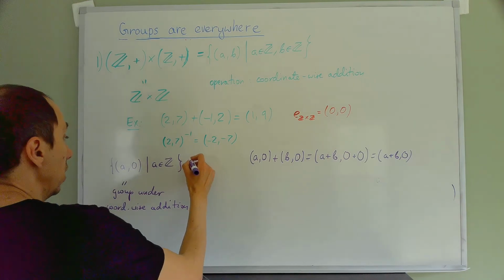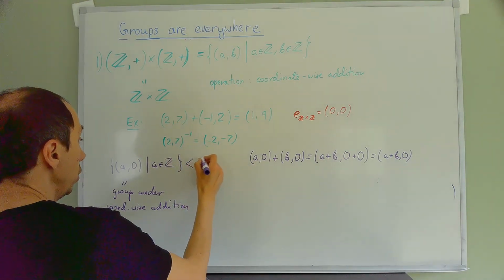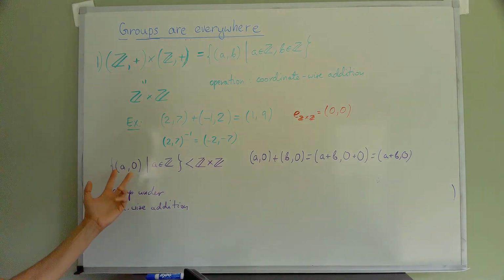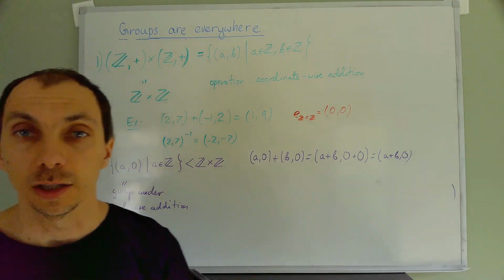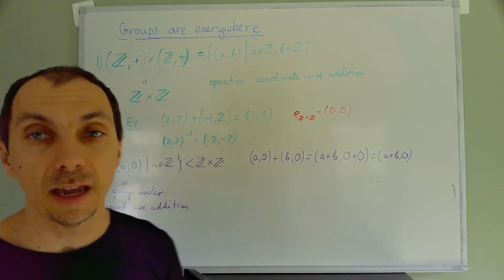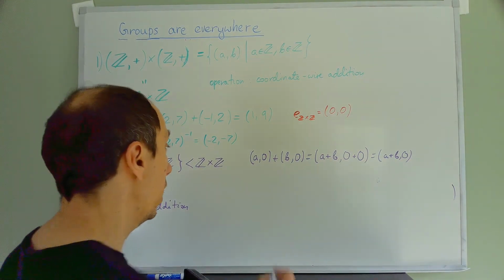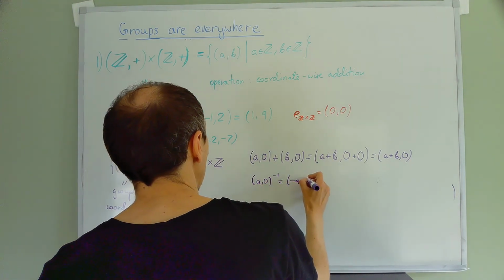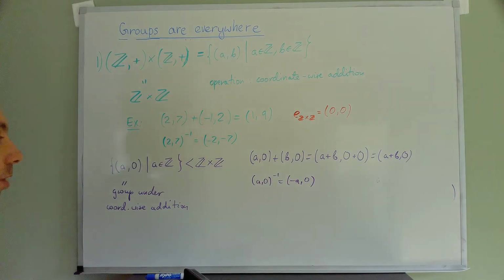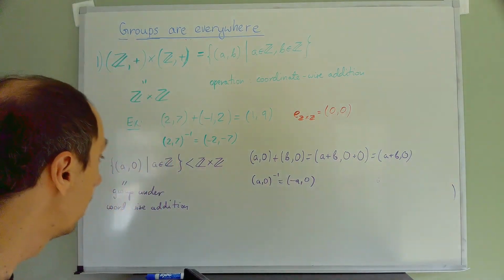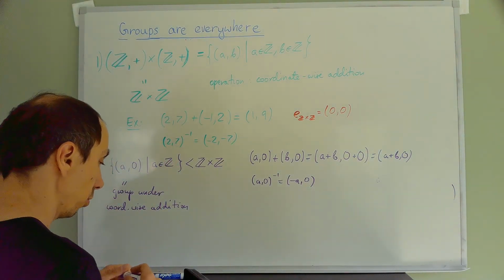Now in particular, (0, 0) is also in here, so the identity is there, and all the inverses are also there, because the inverse of (A, 0) is (-A, 0). So this is actually a subgroup of this. Another subgroup will be (0, A).